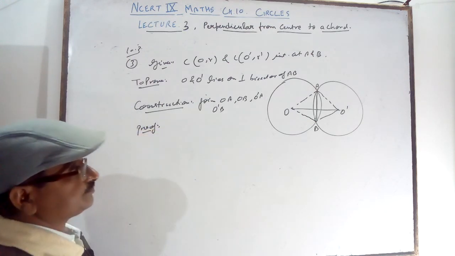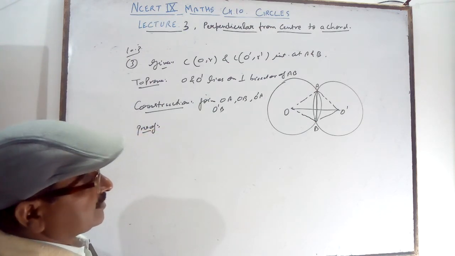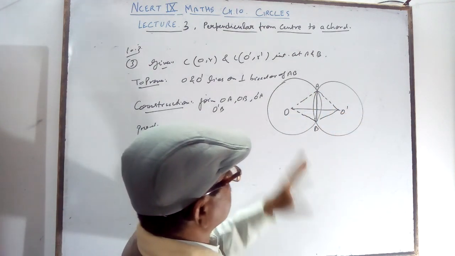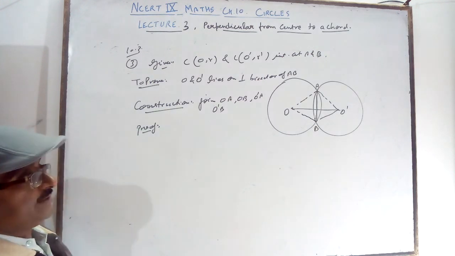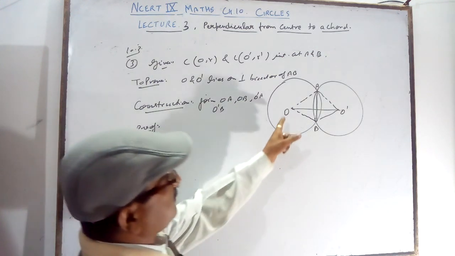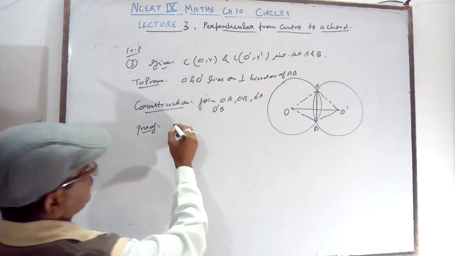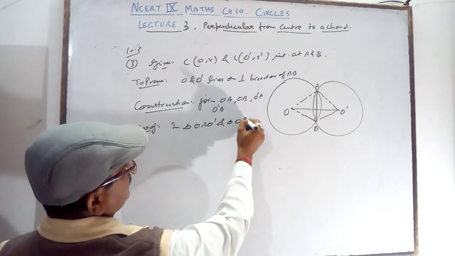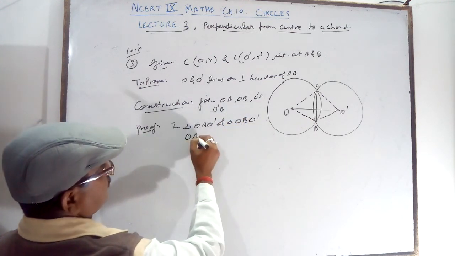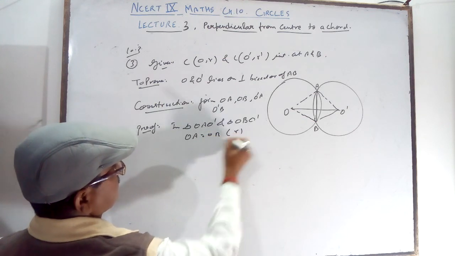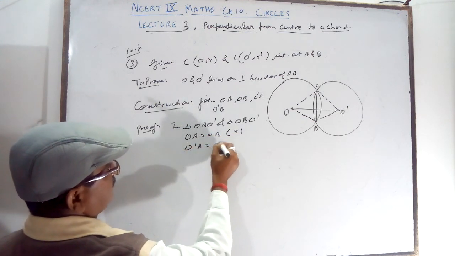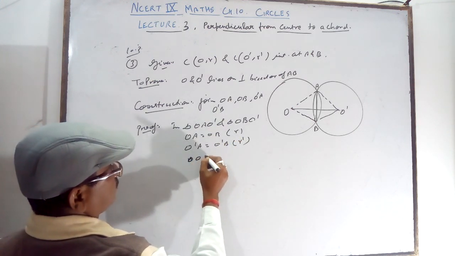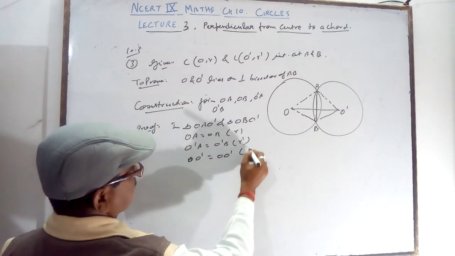Very simple. First you prove that triangles AOO dash and BOO dash are congruent. In triangle OAO dash and triangle OBO dash, OA is equal to OB, radius; O dash A is equal to O dash B, radius R dash; OO dash is common.